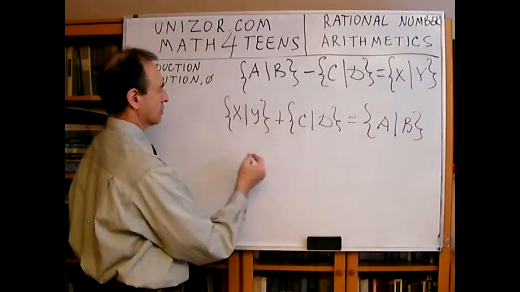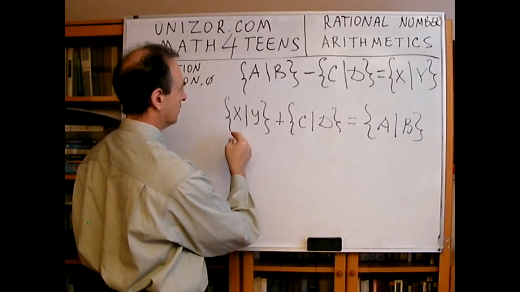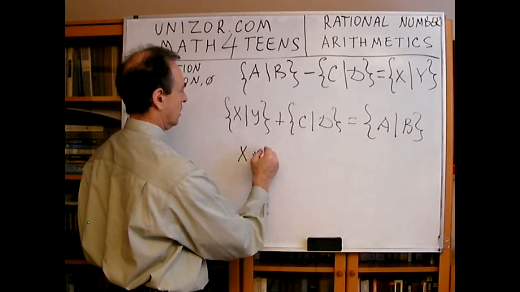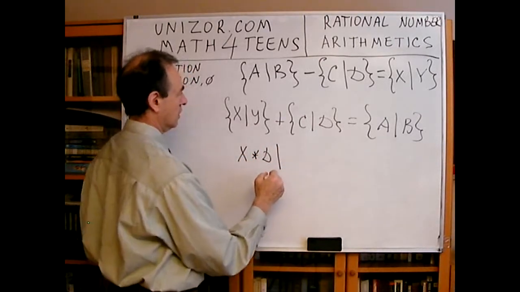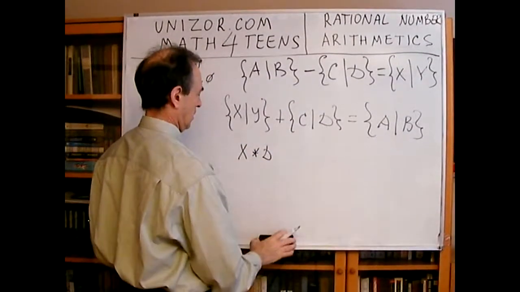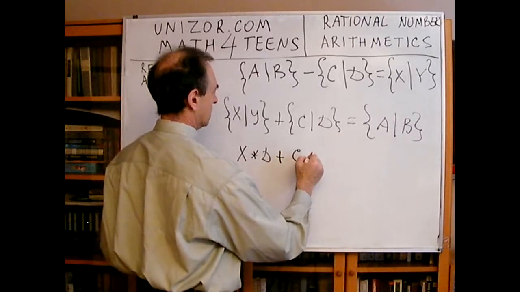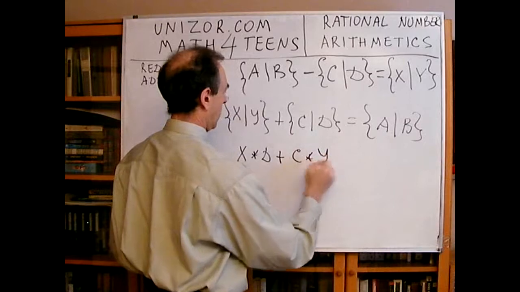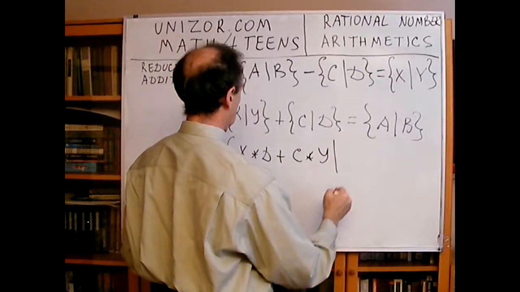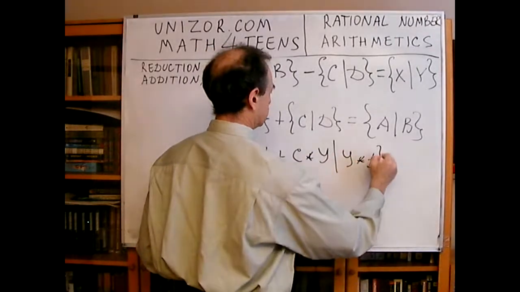Now, from this equation, obviously, it's what? X times d plus c times y over y times d.